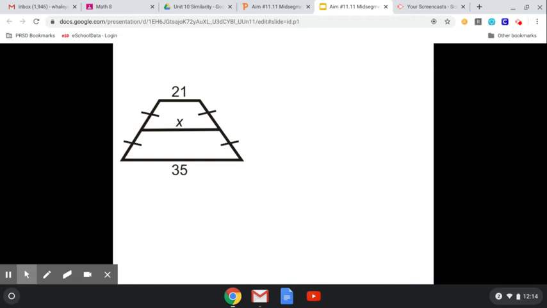But the question would just be simply solve for x here. All right, well, you'd have to know some stuff about the mid-segment. We just learned that this value x is equal to the average of the two bases, 21 and 35. So x would be equal to (21 plus 35) divided by 2.